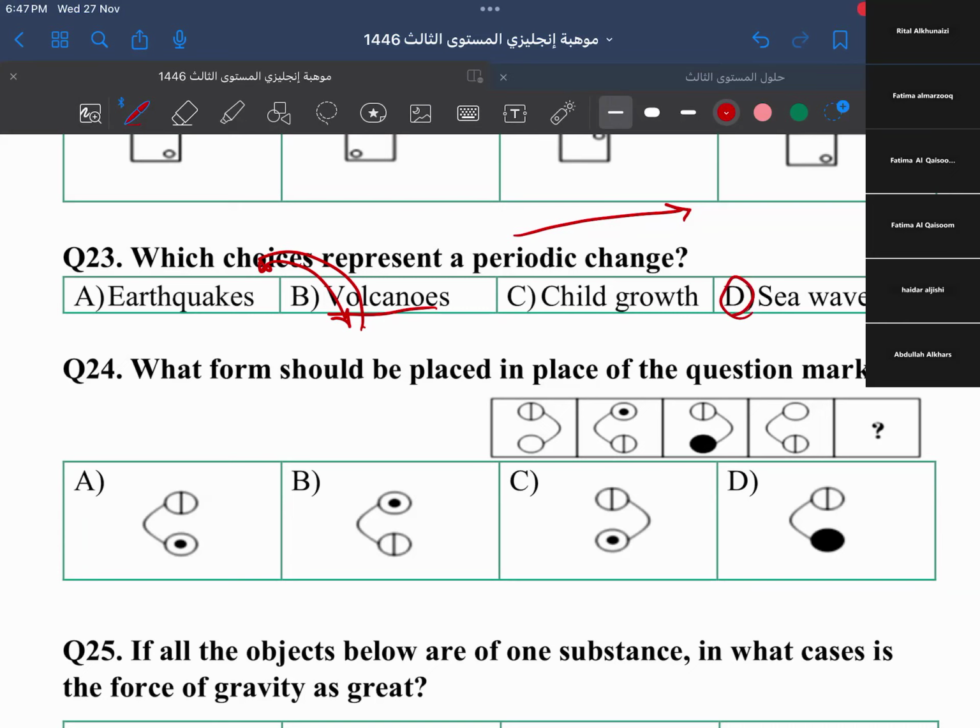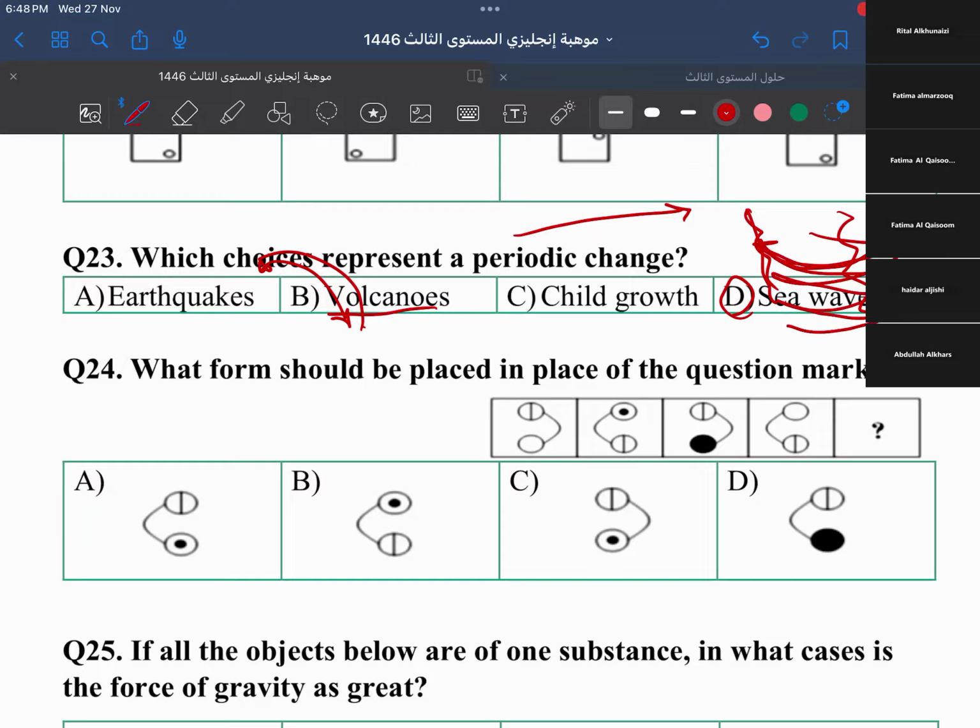Why? Because do you know the motion of sea waves? It's called in Arabic المد والجزر. So if this is the beach, and this is the sea waves, الجزر is the going back of the water, and المد is the coming of the water. So periodic change means that it only has two motions, one from here going on like this, and from here like this.